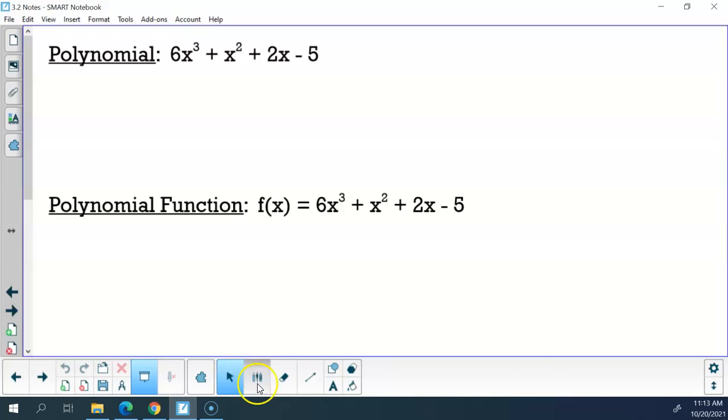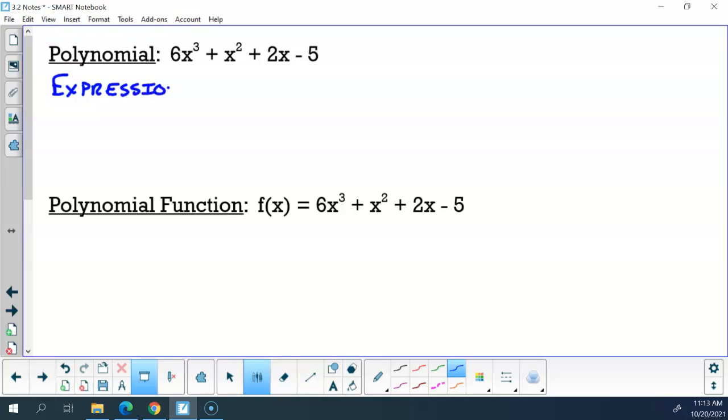So a polynomial is simply just an expression. What can we do with an expression? We can't graph it.